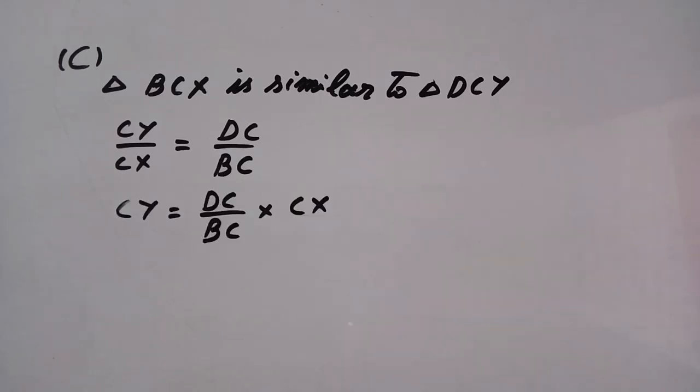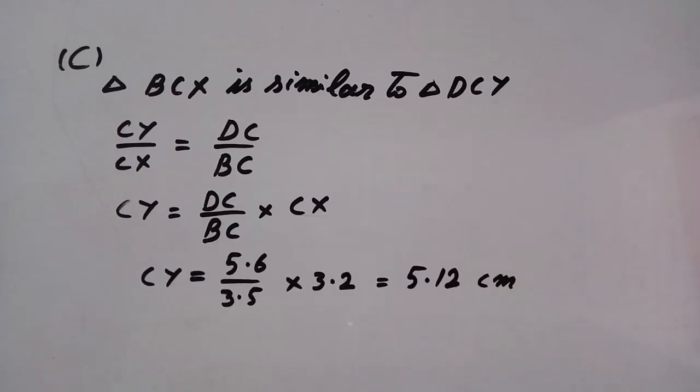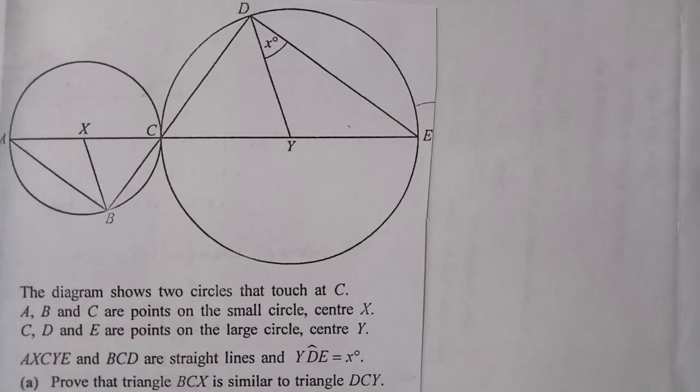Now we put the values. So CY is calculated as 5.12 centimeters. We were supposed to find out AE over here. So according to the figure, AE equals AC plus CE.